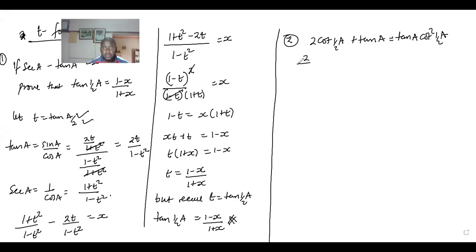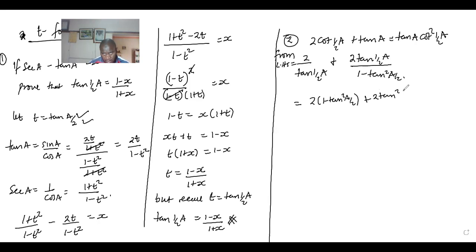This is 2 over tan half of A plus, this is from the left hand side. When you expand tan A, you get 2 tan half of A over 1 minus tan squared A over 2. This will give us 2 into 1 minus tan squared A over 2 plus 2 tan squared of half A, divided by tan A over 2 into 1 minus tan squared of A over 2.